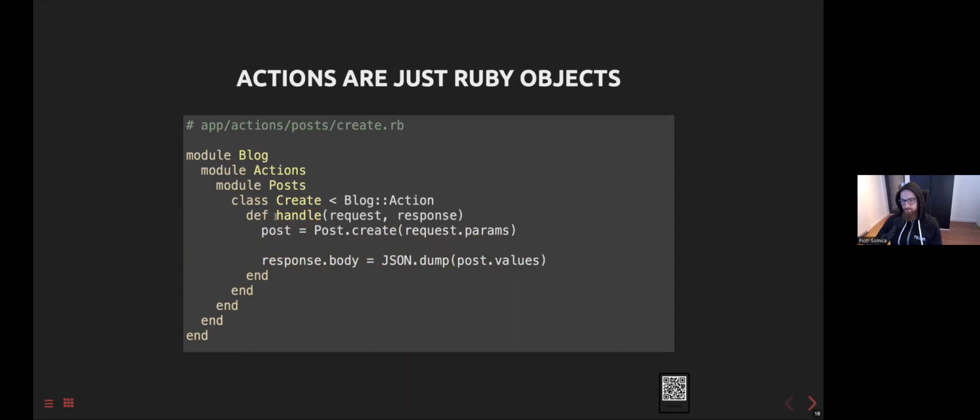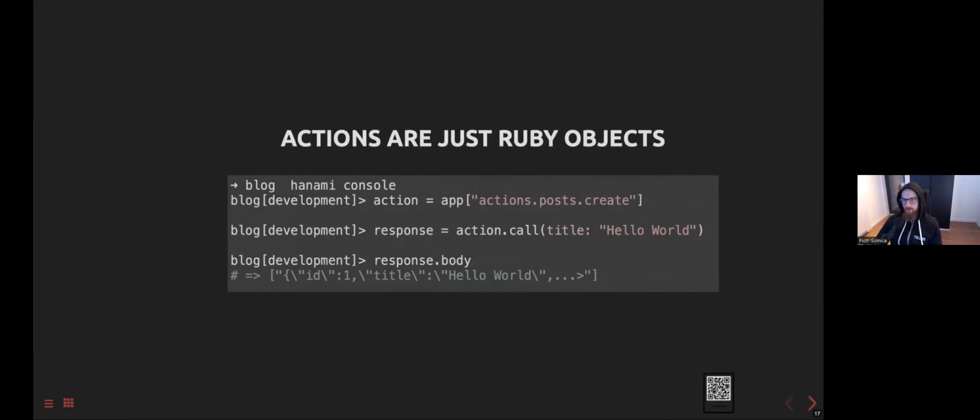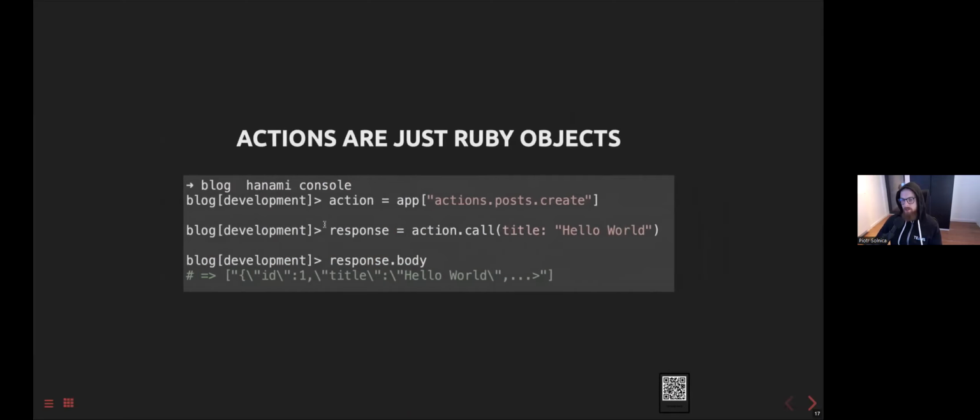But yes, you can actually go to your console and ask for an action. The console comes with various convenient shortcuts. For example, app is an instance of your application. So this is just a convenient way of interacting with your application. Then you can ask for any action that you defined.